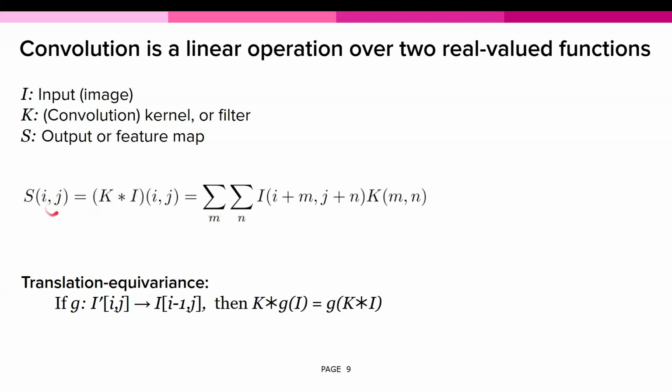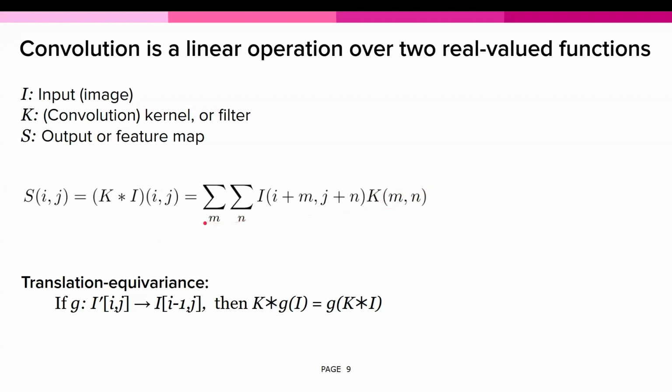Specifically, for each position ij in the output S, we're going to compute the sum of the products of I at i plus m and j plus n with K at m and n. And then we're going to do that for each element in the kernel. So m and n are the indices that go over the rows and columns of the kernel.